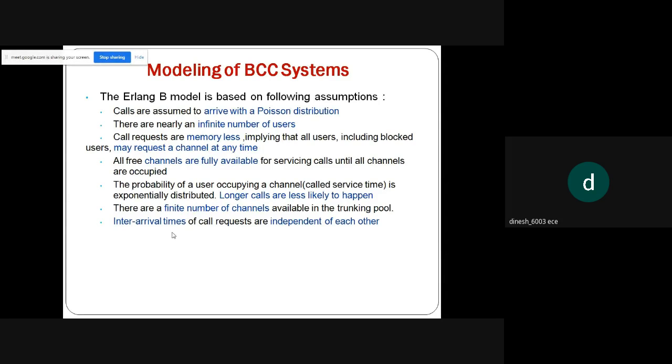All free channels are fully available for servicing calls until all channels are occupied. The probability of a user occupying a channel, which we call the service time, is exponentially distributed, so longer calls are less likely to happen. There is a finite number of channels available in the trunking pool, and the inter-arrival times of call requests are independent of each other. So this is how we model the Erlang B systems.